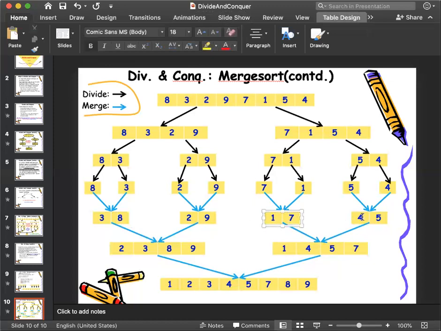Again I combine them. Now I have 3 8 2 9, and between them 2 is the lowest, so 2 goes first, then 3, then the third lowest is 8, and the final one is 9.